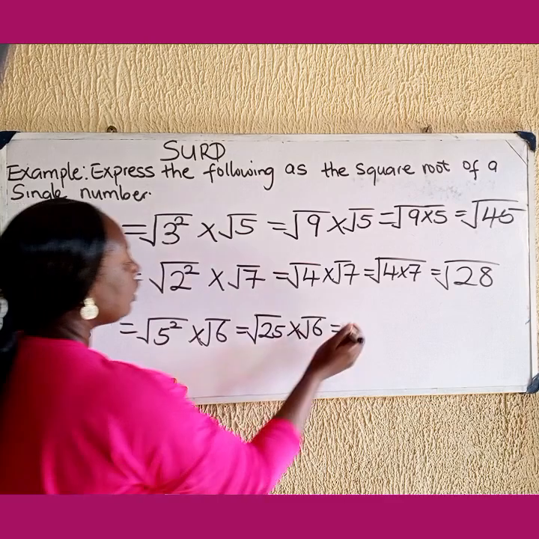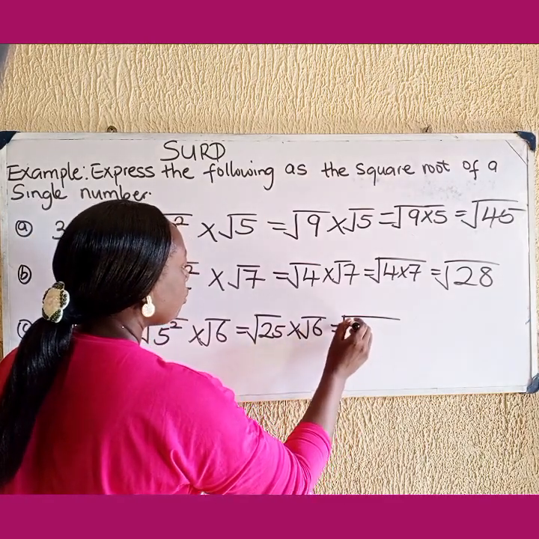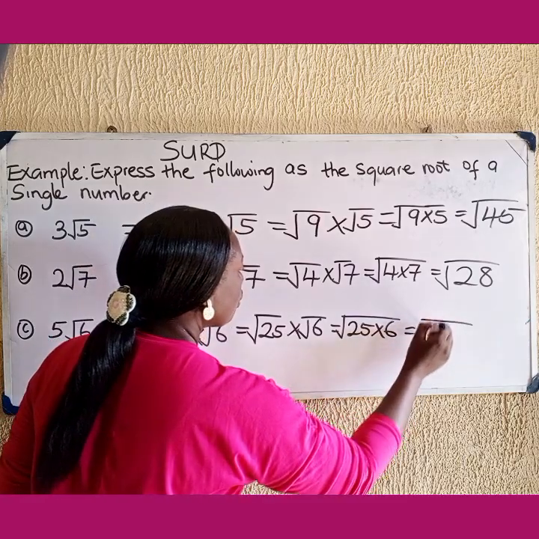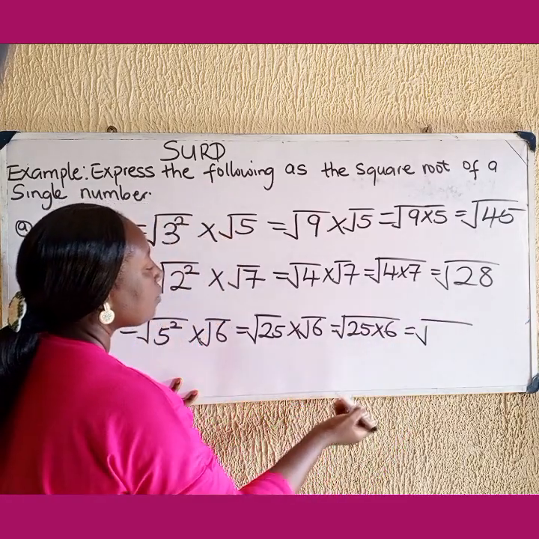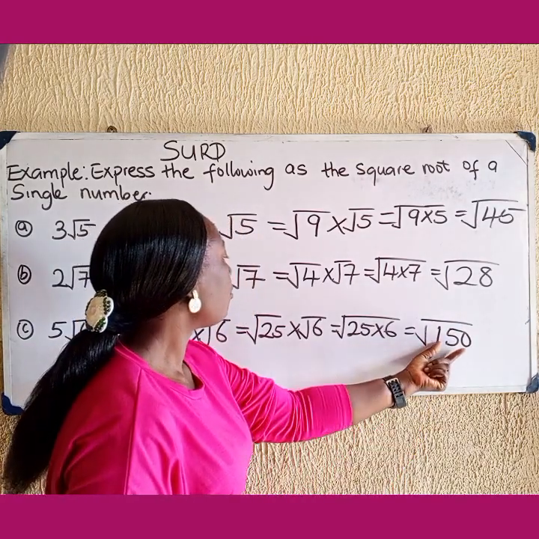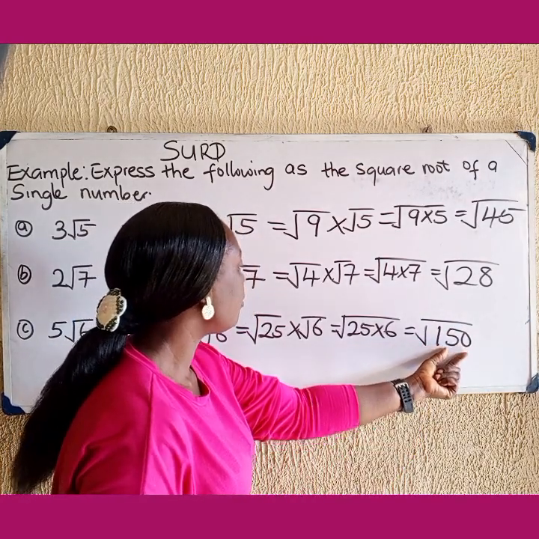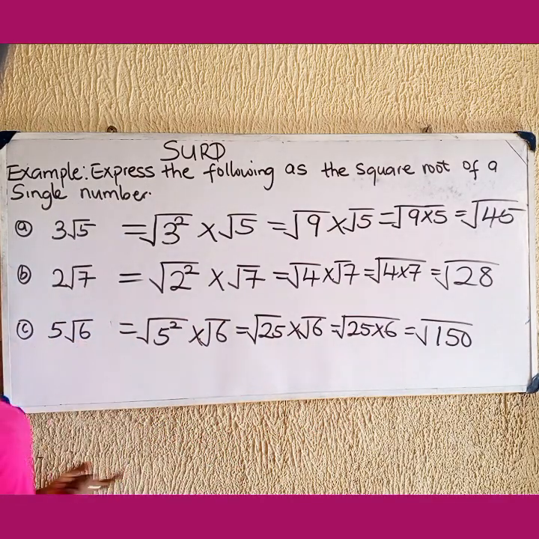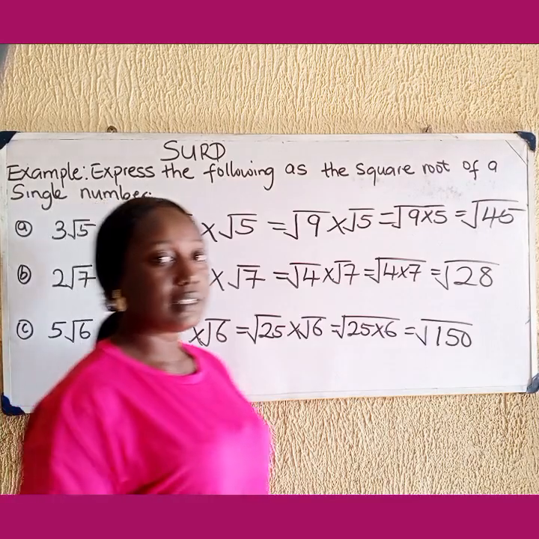Now joining them together, I will have root of 25 times 6, and 25 times 6 will give me what? 150. So root 150, when you simplify root 150, you are going to get back what? 5 root 6. So I believe it's clear.